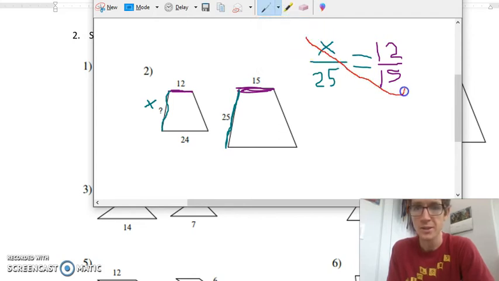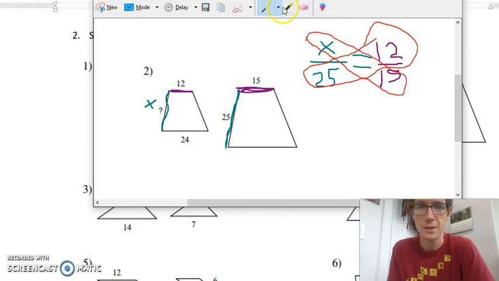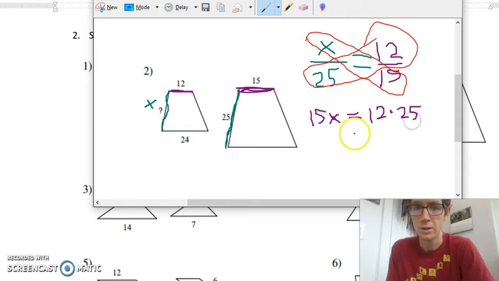Okay. So for this, let's cross multiply. x times 15 will end up equaling 12 times 25. So 15x will equal 12 times 25. What's 12 times 25? That must be 300.